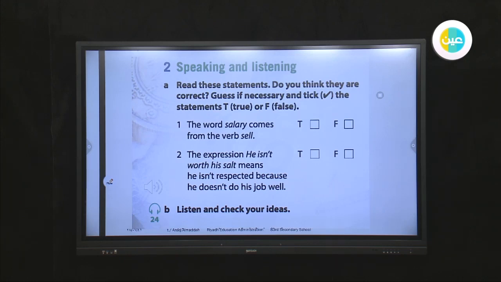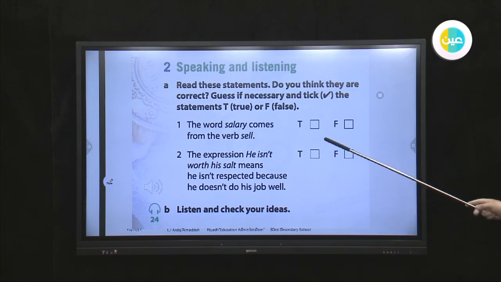Wow, I wouldn't like to be paid in salt. So if we say a person isn't worth his salt, we mean he isn't a good worker, right? Right. He isn't worth his salt means he isn't worth his salary. Now, I'd like you to read this article on the history of money.